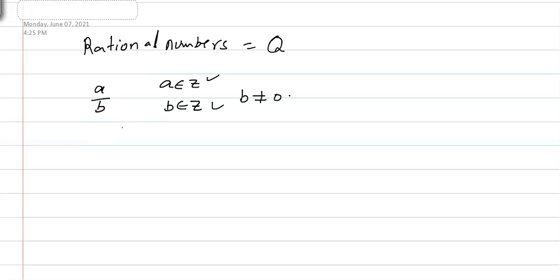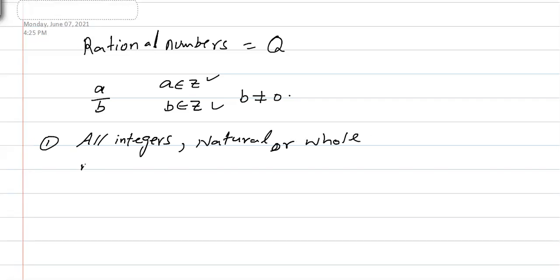What is that detail? Point number one is you have to remember all integers, natural numbers, because you know all natural numbers are also integers. All integers, natural numbers, and whole numbers are rational also.